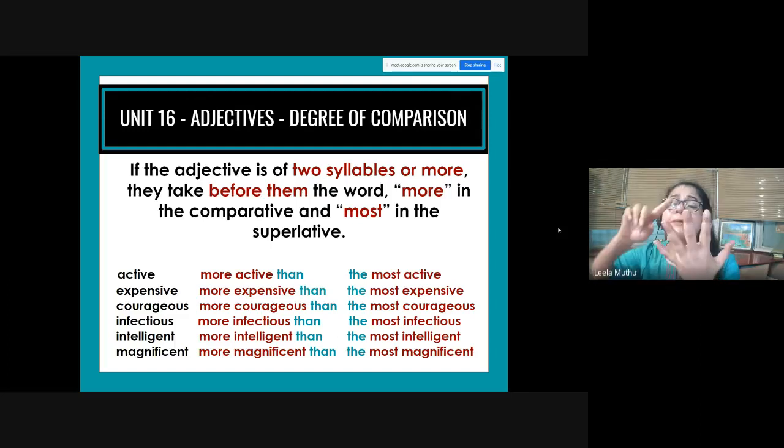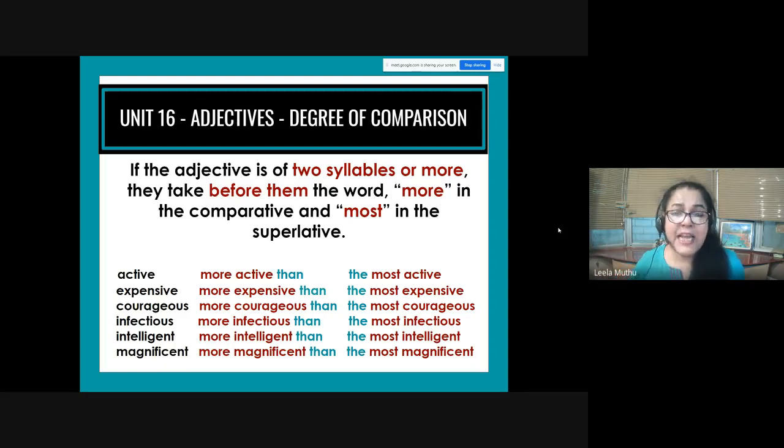Expensive, three syllables. More expensive than, the most expensive. This is when the article the is used before the superlative form of the adjective. Courageous, three syllables, more courageous than, the most courageous.